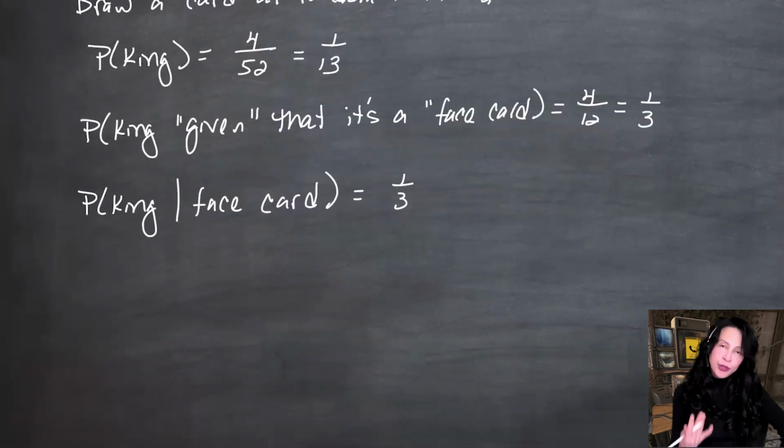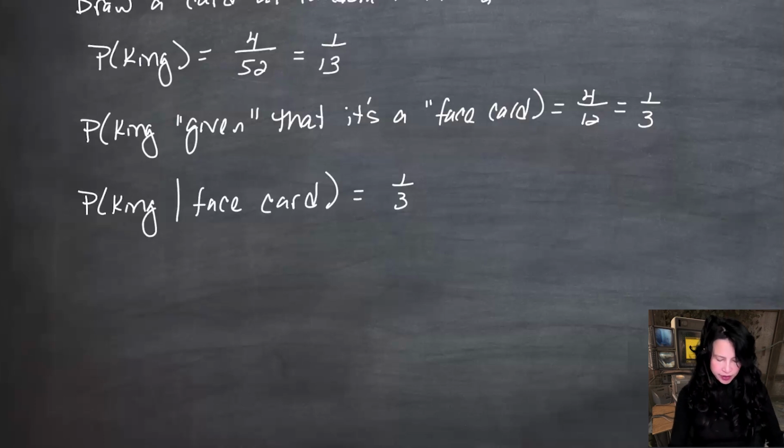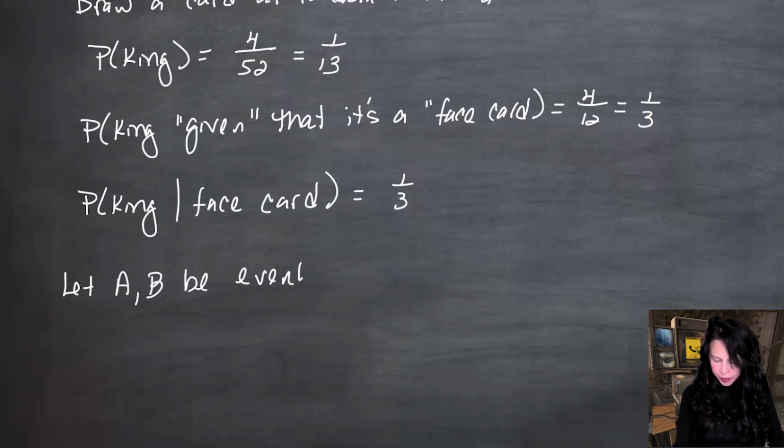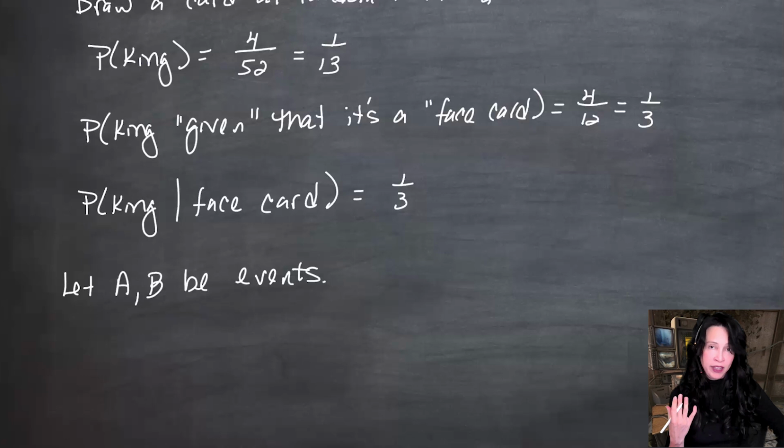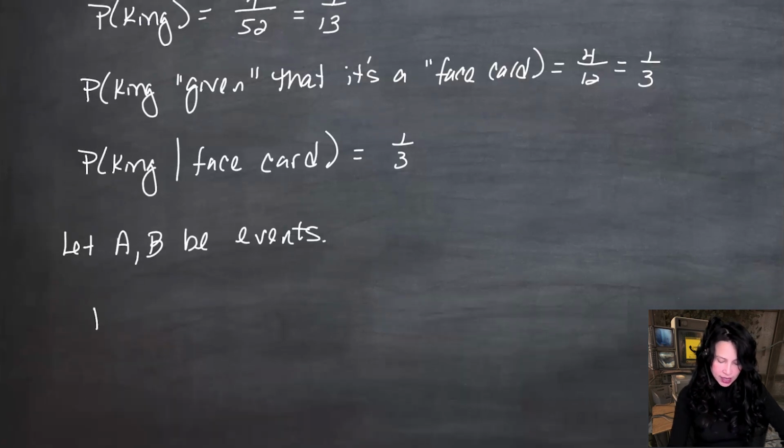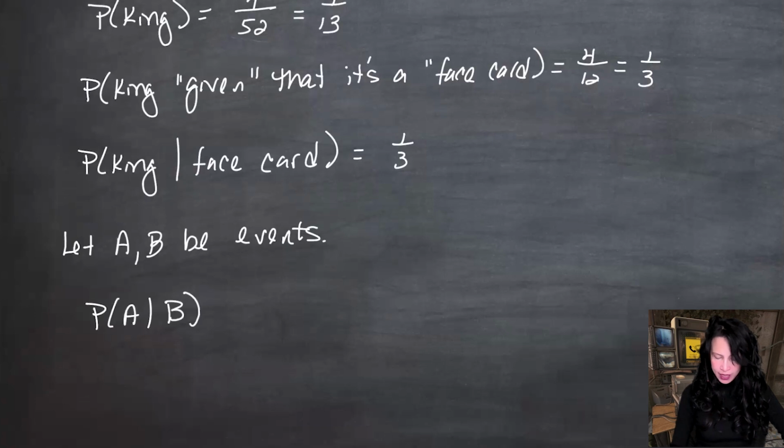And when you start probability, you usually start in terms of events. So you let A and B be events, like A could be the event that you get a king and B could be the event that you get a face card. And we're trying to compute a conditional probability that A occurs given that B occurs.